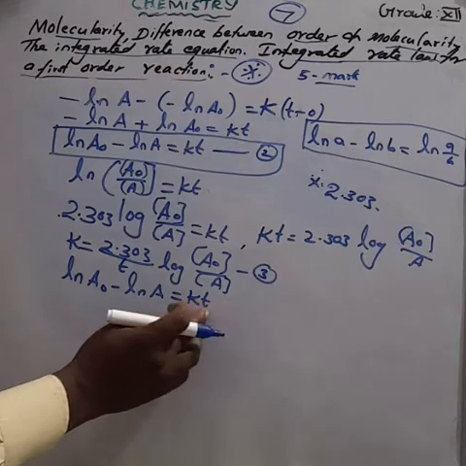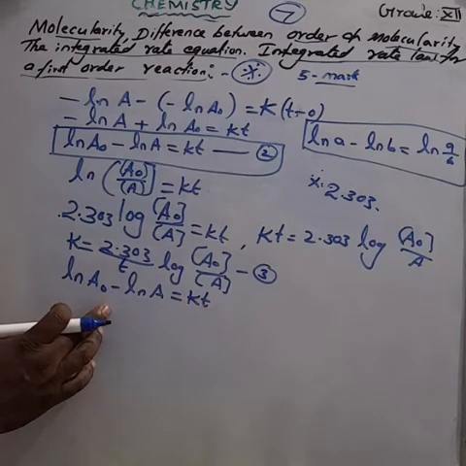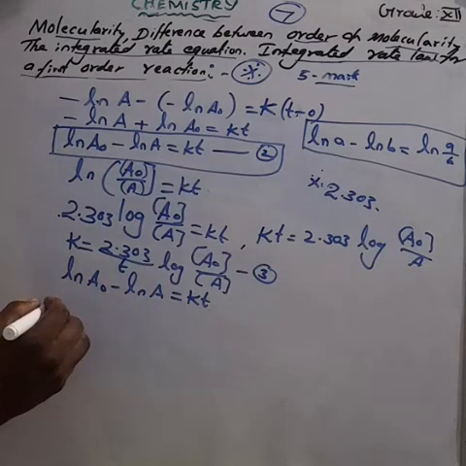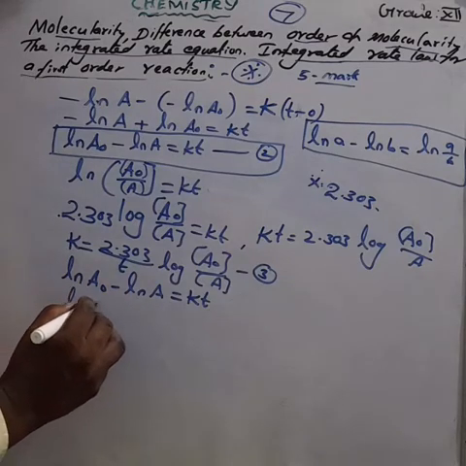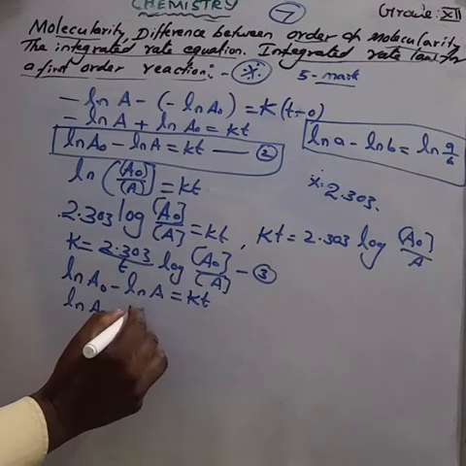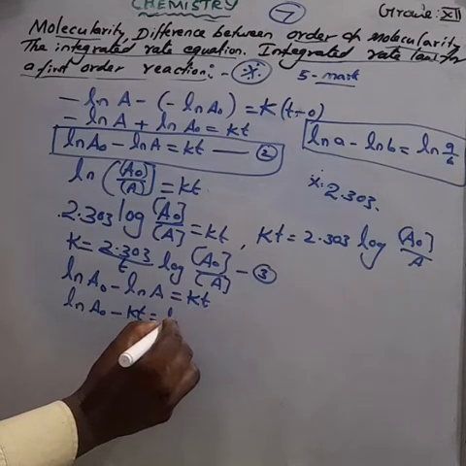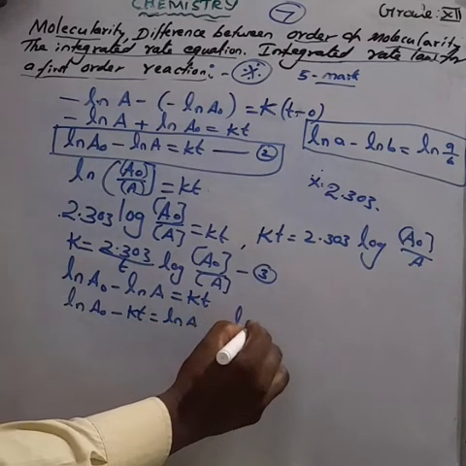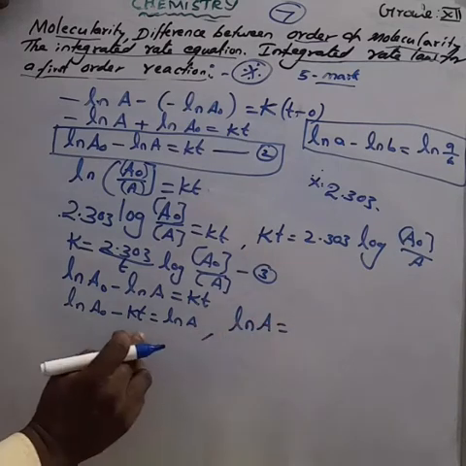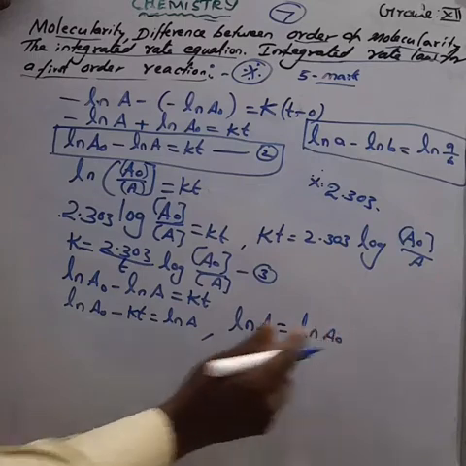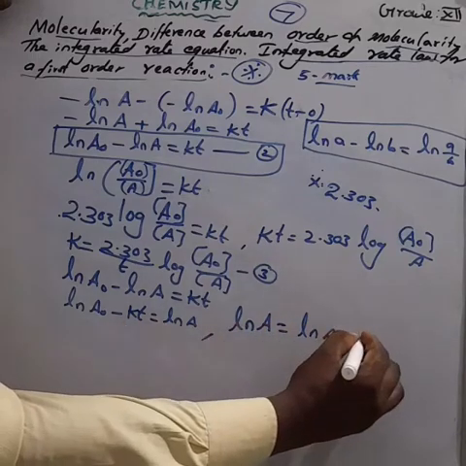This I am going to write as ln A naught minus KT is equal to ln A. That is, ln A is equal to ln A naught minus KT.